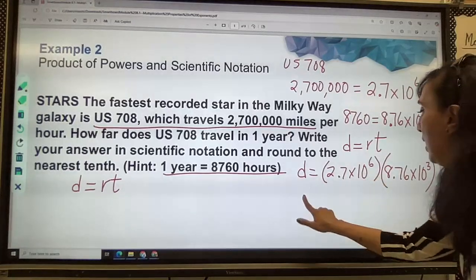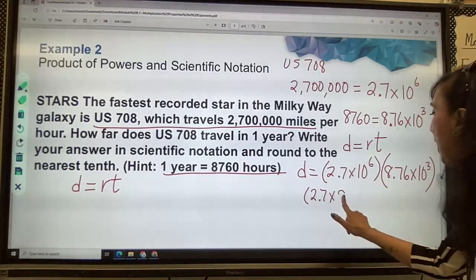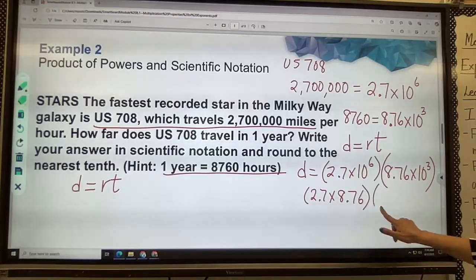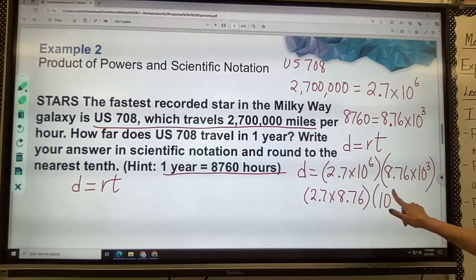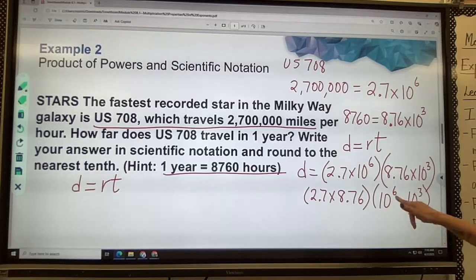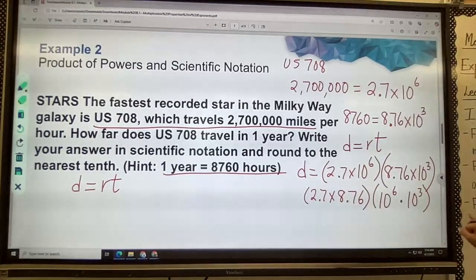So I'm taking 2.7 times 8.76, and then we are multiplying this with 10 to the power of 6 times 10 cubed.